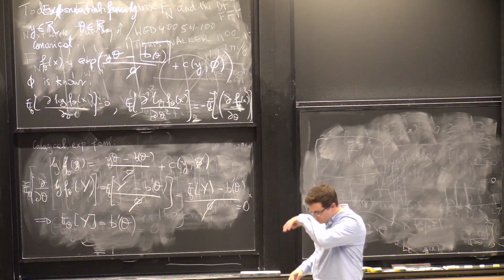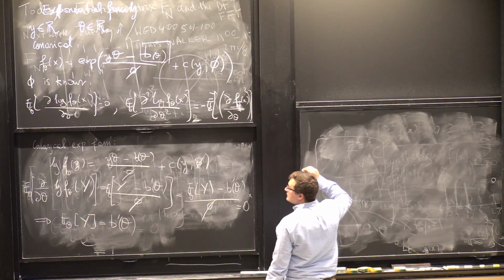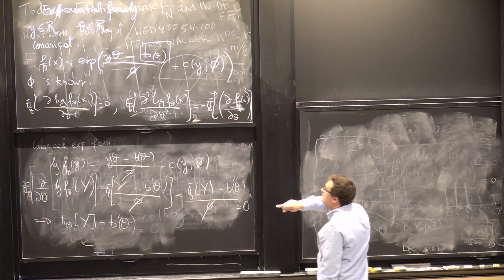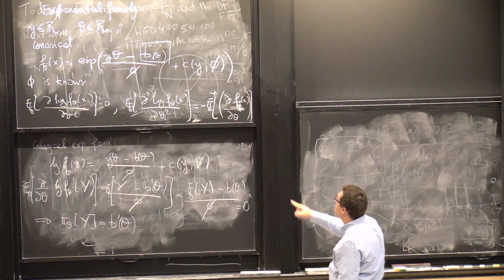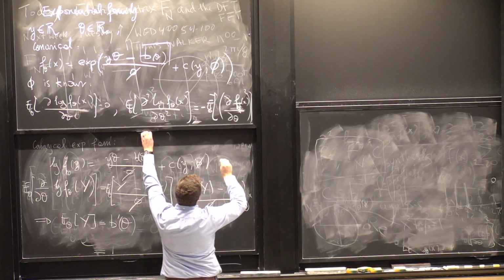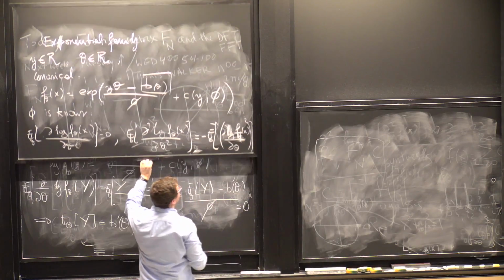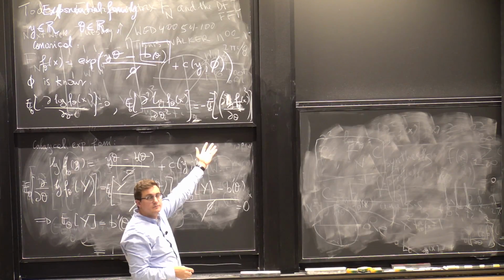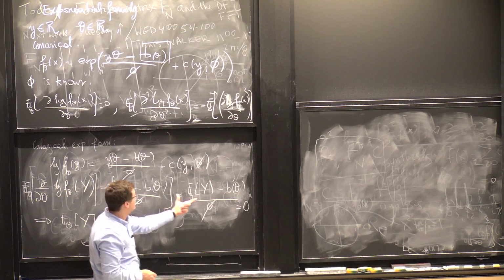Okay, so what is the second equality? It's telling me that if I look at the second derivative and then I take its expectation, I'm going to have something which is equal to negative this guy squared. We've already computed this first derivative of the log likelihood. It's just the expectation of the square of this thing here.